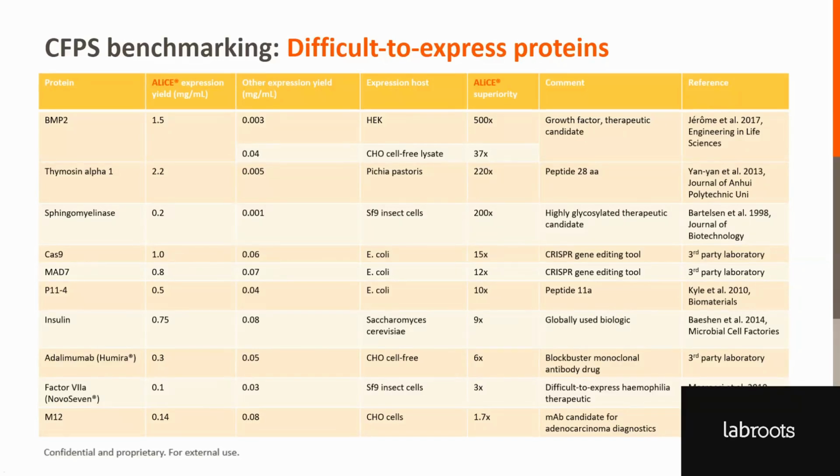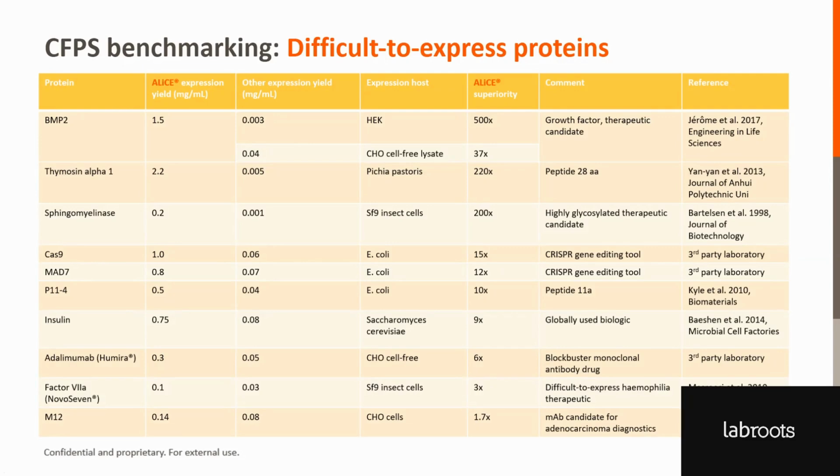We've come across quite a strong superiority for ALiCE when looking at these proteins. At the top, for example, BMP2 is a heavily glycosylated protein with disulfide bonds required, so on the very complex end of the spectrum. We could achieve yields of 1.5 milligram per milliliter in ALiCE in this case, 500 times higher than what was reported for the CHO-based system.